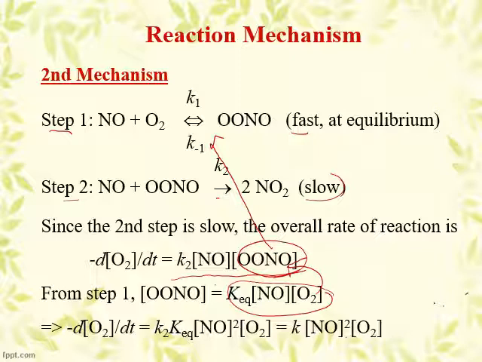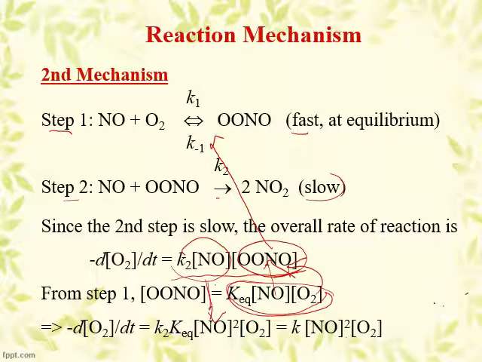We substitute this into the rate law expression from the slow step. So we get k2 and NO here, and then substitute this here.